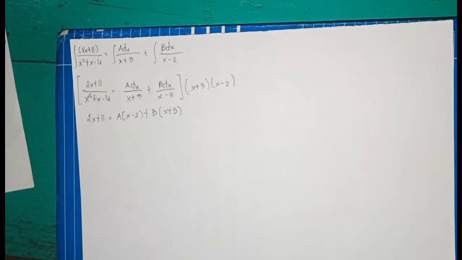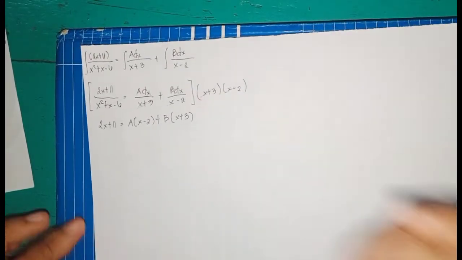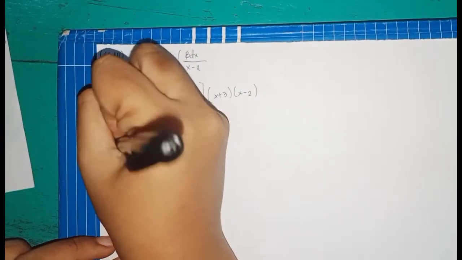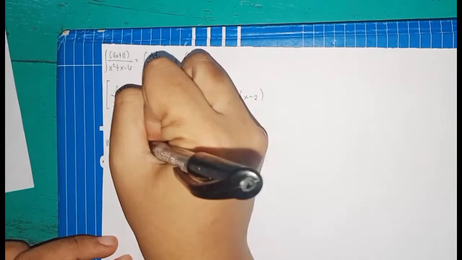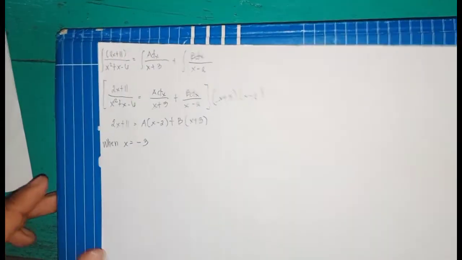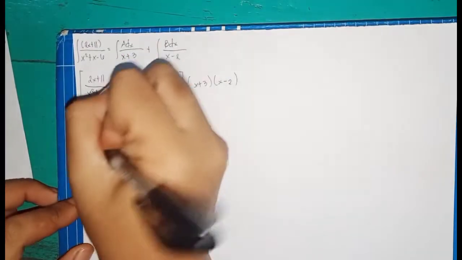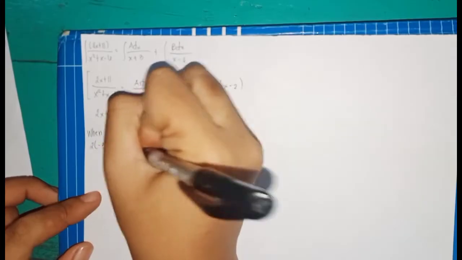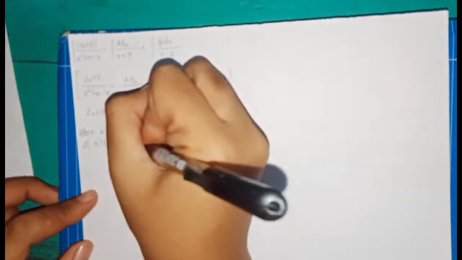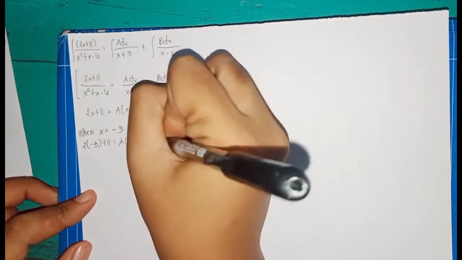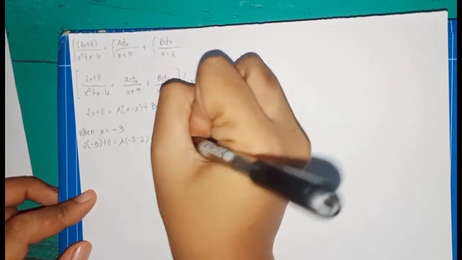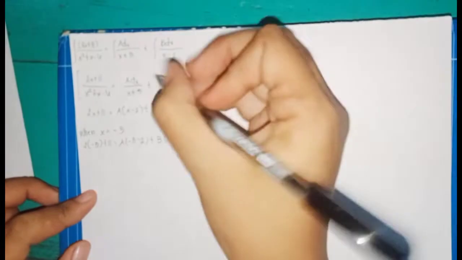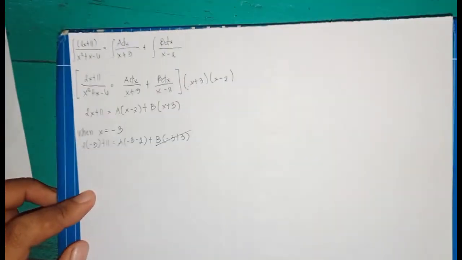Okay, so let's substitute the value of x. So when x is equal to negative 3, 2 times negative 3 plus 11 is equal to A. Our x will be negative 3 minus 2, plus B times negative 3 plus 3. So this will be cancelled.